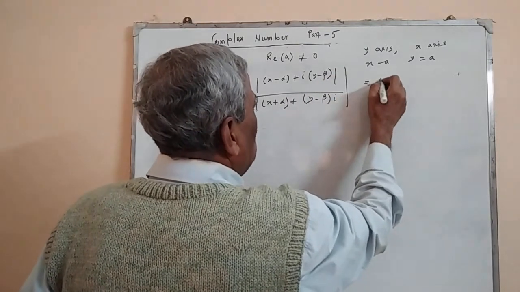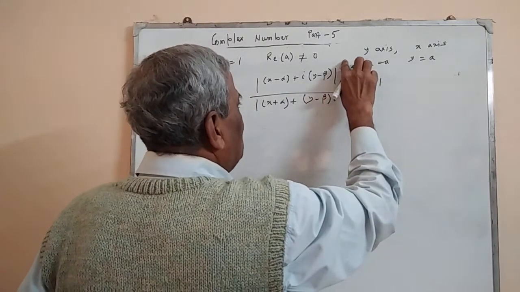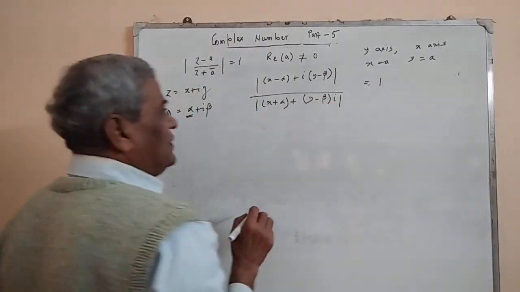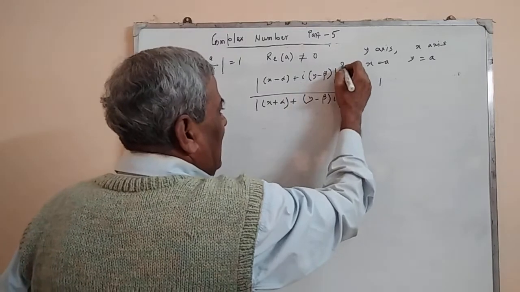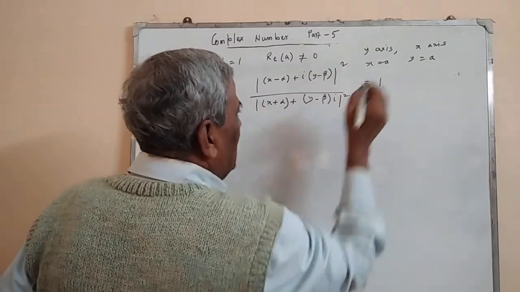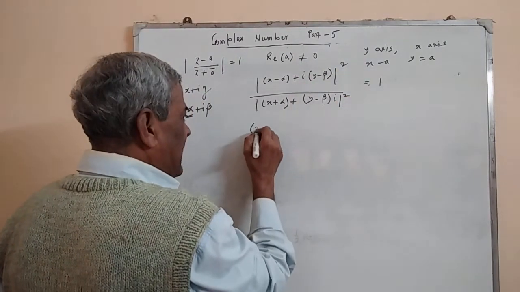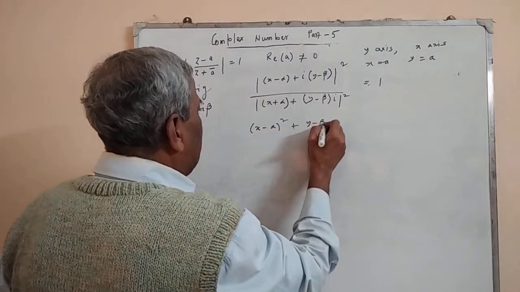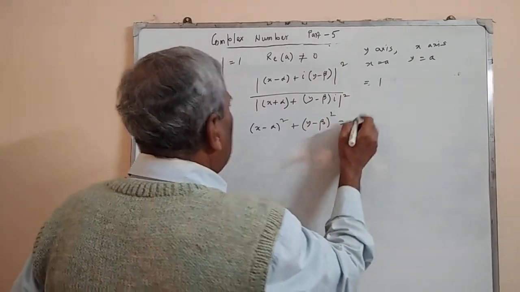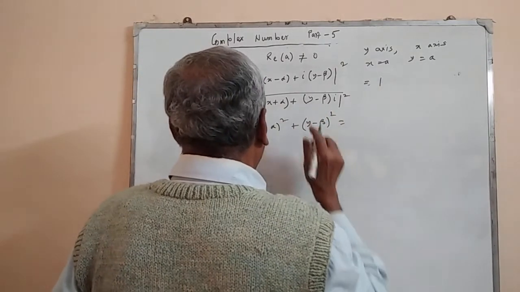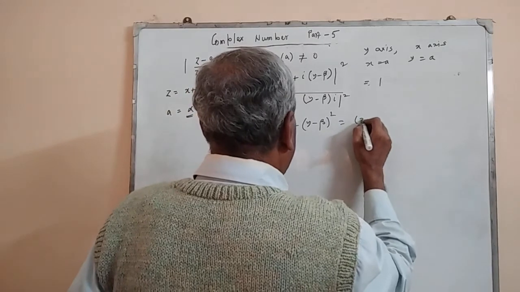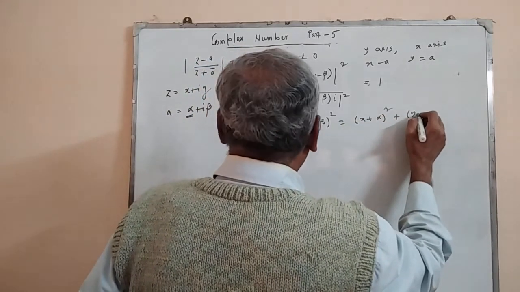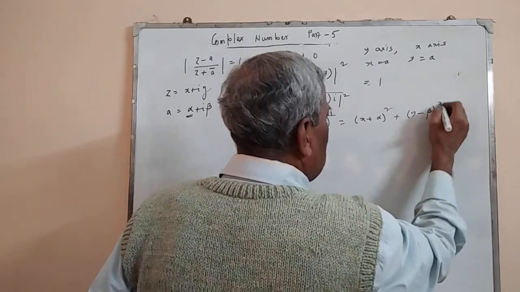The modulus is equal to 1. So the numerator by the denominator is equal to 1. That is, (x minus alpha) whole square plus (y minus beta) whole square is equal to 1 into this modulus whole square, (x plus alpha) whole square plus (y minus beta) whole square.